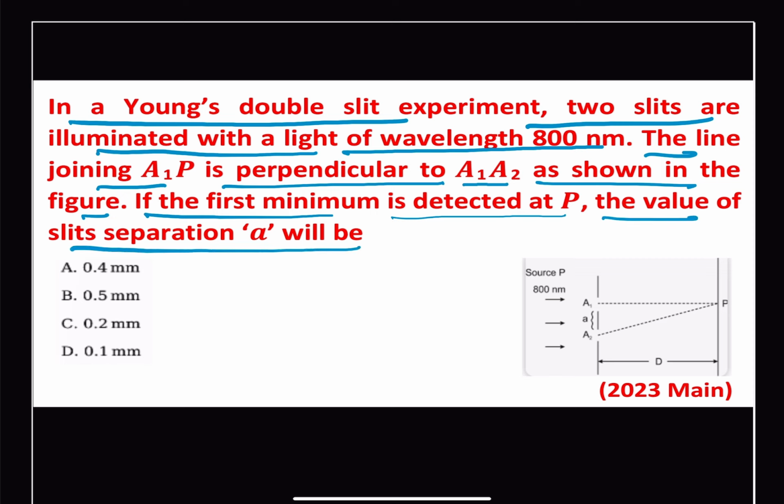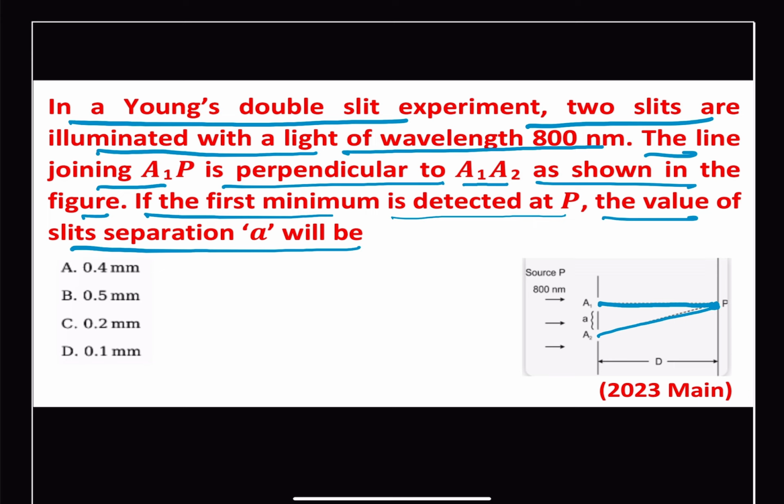So we are given a figure. So we have a point P, and this point P is having a first minimum, and here A1P is perpendicular to A1A2, where the A2 is at some angle. This is point P which is having a first minima. Based on this we have to find out the distance between A1 and A2.